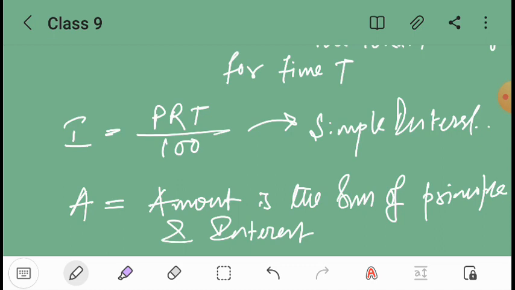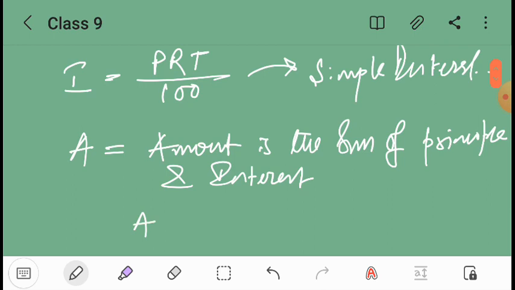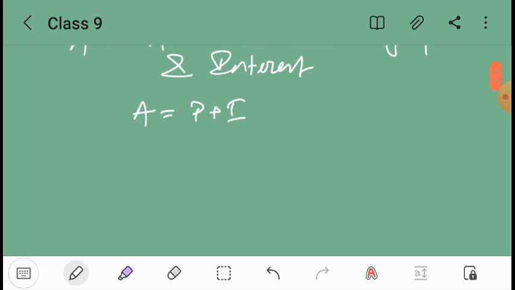That means the amount is equal to P plus I, that is principal plus interest. In compound interest, it's counted over this sum of principal and interest.